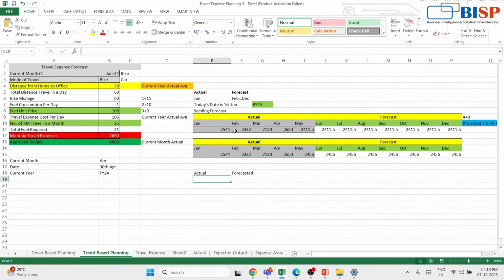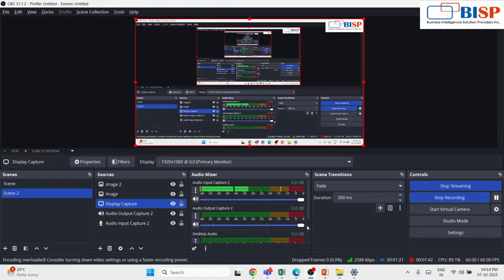Here we have taken 4 months of actual data and 8 months of forecast data. In the same way, we could take either 5 months of actual or 7 months of forecast. The combination of actual and forecast we can take in different manner.